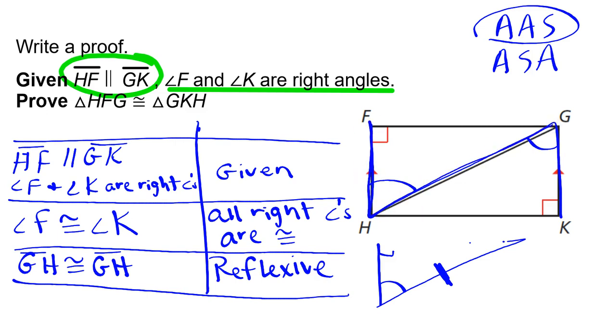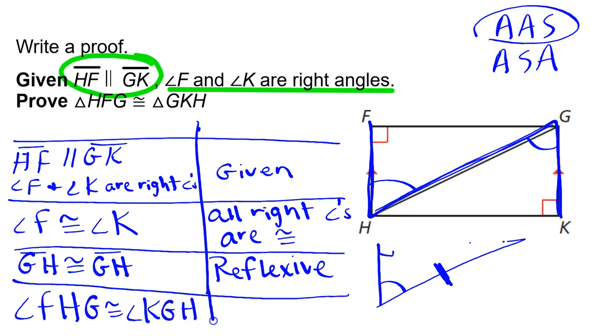Angle FHG is congruent to angle KGH because of those parallel lines. So if two lines are parallel, then our alternate interior angles are congruent.